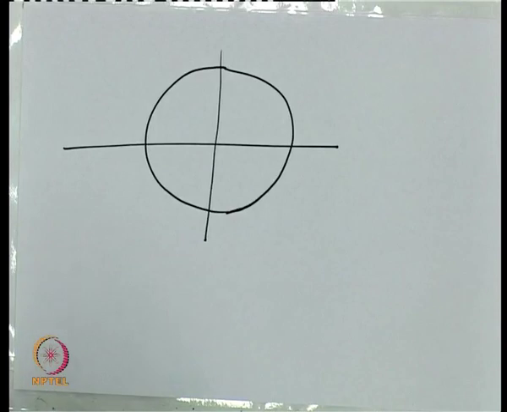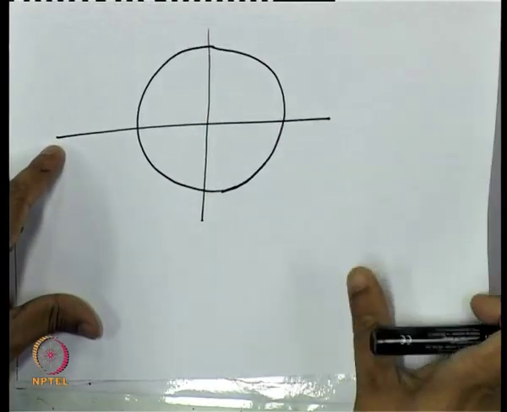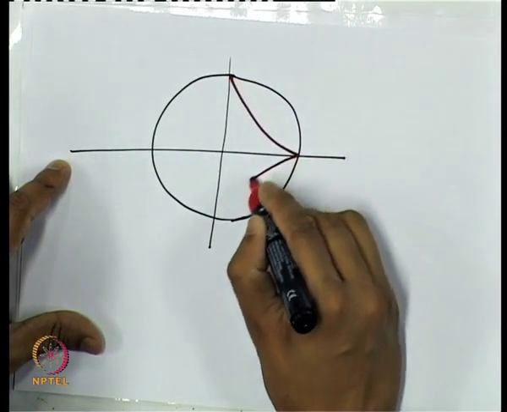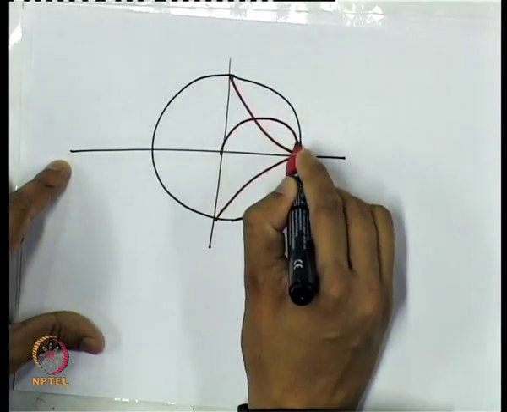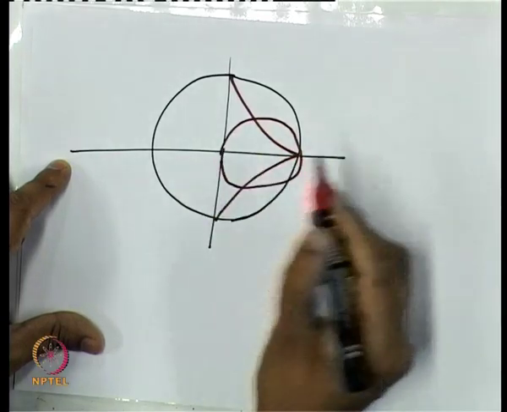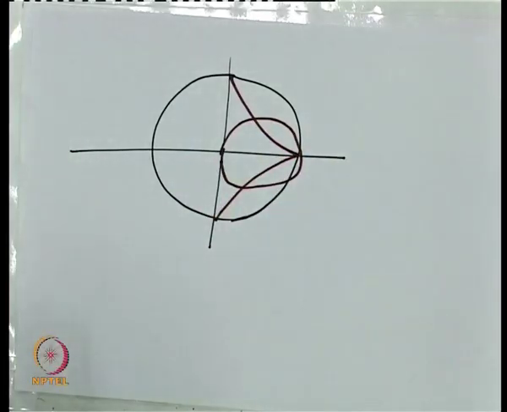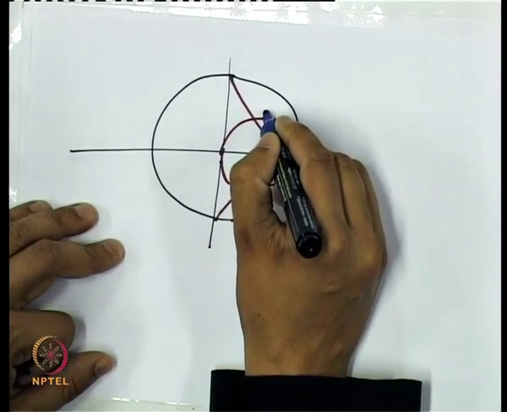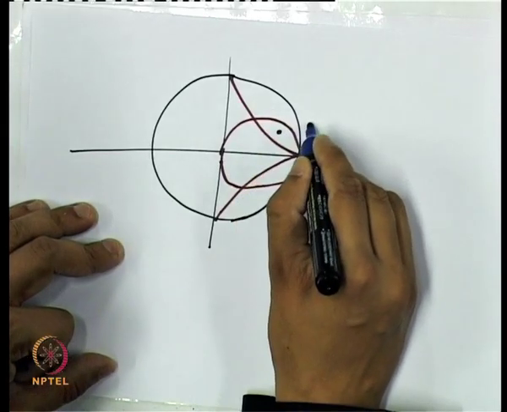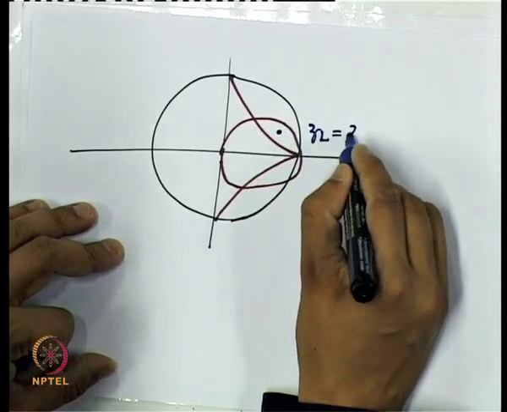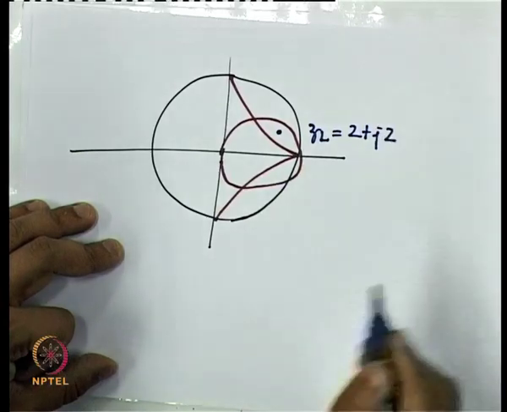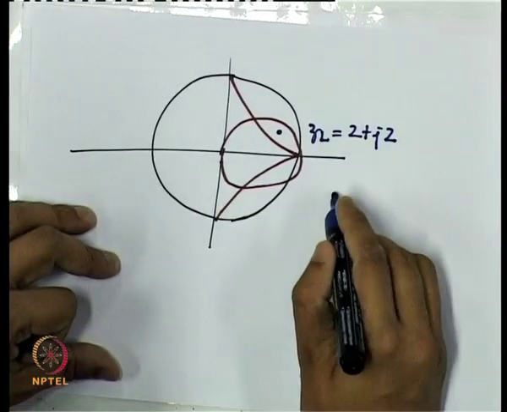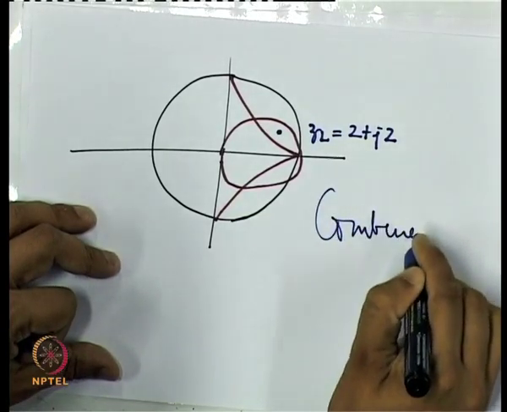If I use a different color for the Smith chart, so this is my Smith chart, and say I have an impedance, say I'll write the value also, say small zL is the normalized impedance. Now in this method we will be using a combined ZY Smith chart.